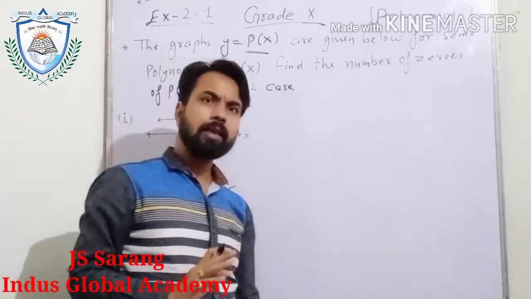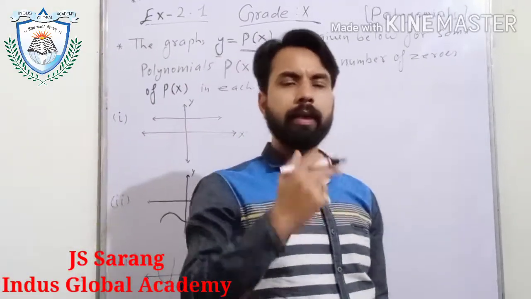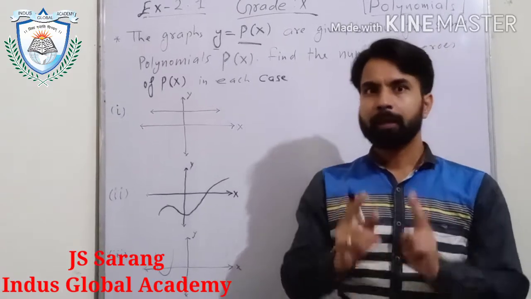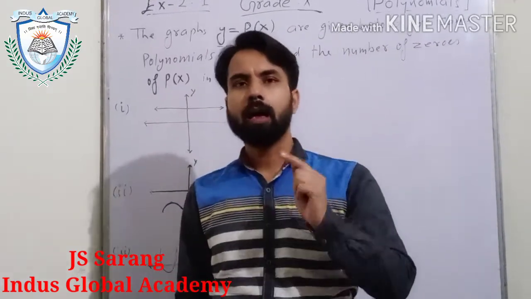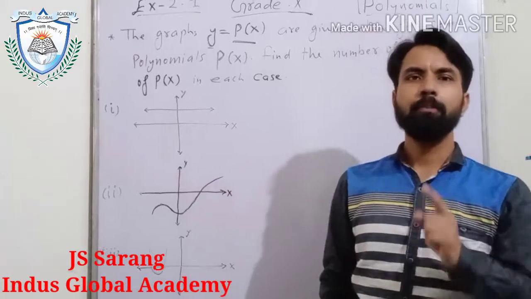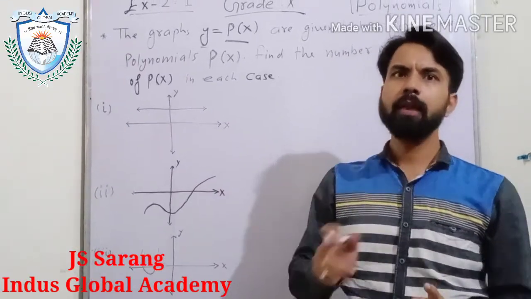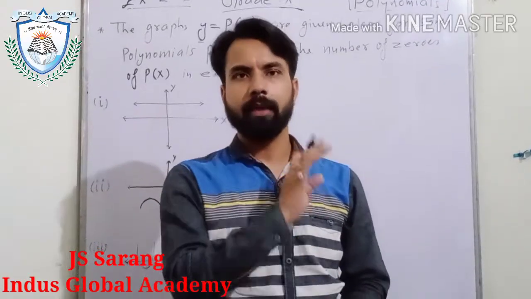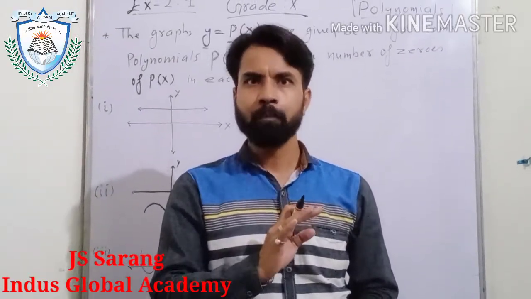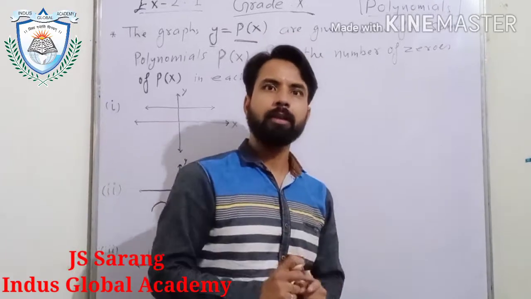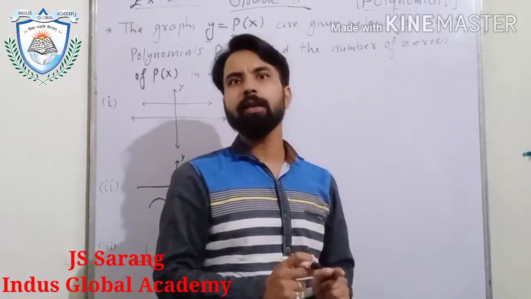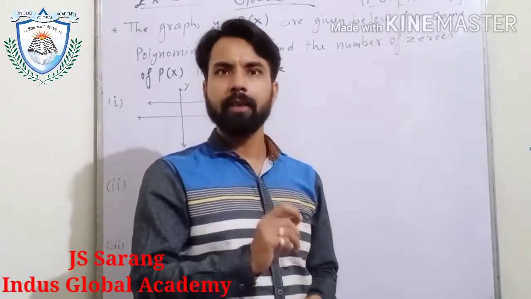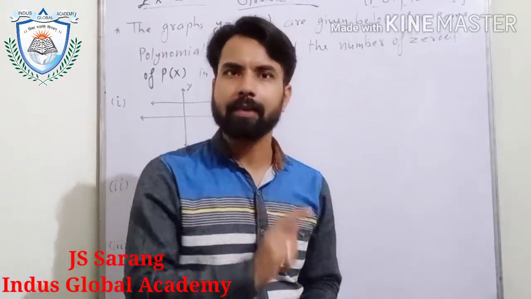The number of zeros are always equal to the number of those points where the graph of the polynomial intersects the x-axis. Understood? The number of zeros of a polynomial are always equal to those points where the graph intersects the x-axis.